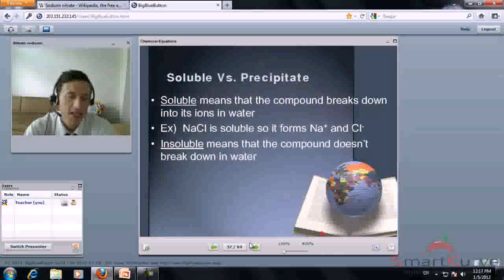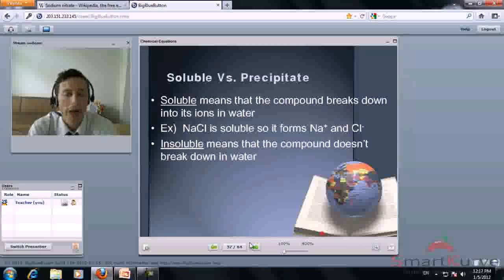Soluble versus precipitate. Soluble means the compound breaks down into its ions in water. That's like salt. Sodium chloride will break down into positive sodium ions and negative chloride ions. Sodium chloride is water soluble.